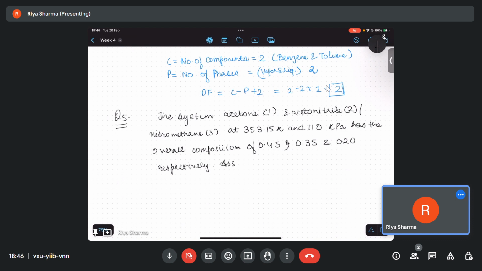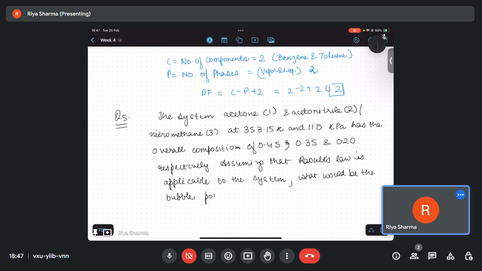Assuming that Raoult's law is applicable to the system, what would be the bubble point pressure in kilopascal?